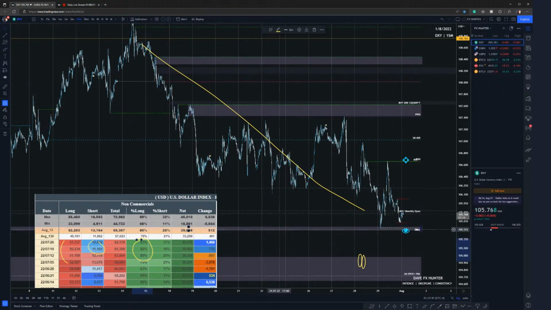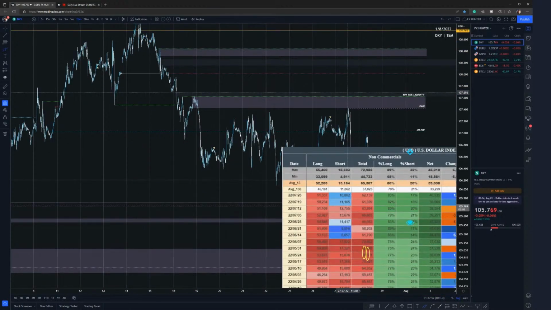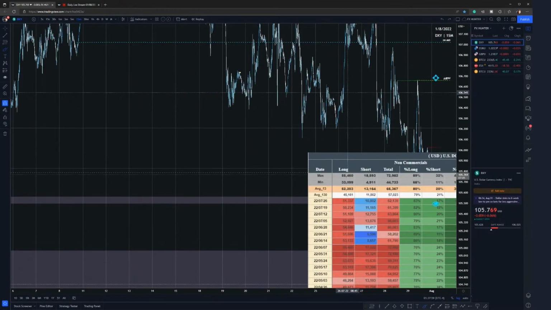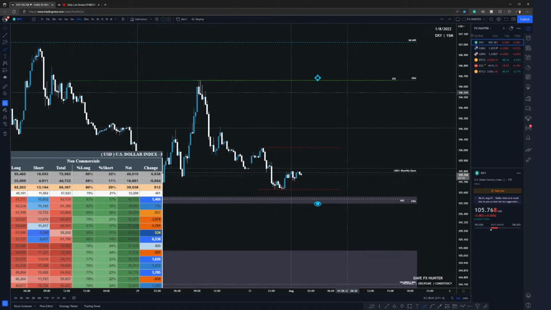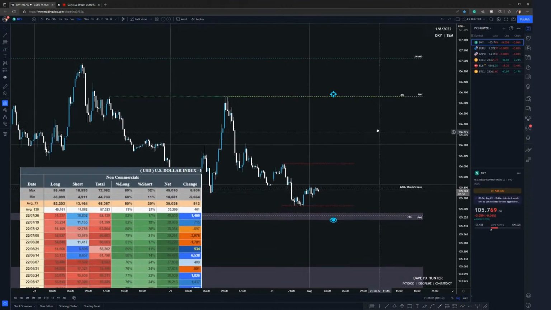That means these big players still have longs, and if they want to close them, they most likely would be doing it somewhere up here. So it's giving me a slight clue that we will most likely go higher again.